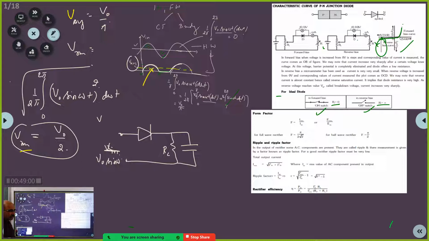If I connect a capacitor directly to Vin, what will be the charge stored in the capacitor? It will be 0, because whatever charge enters the capacitor during the positive cycle will be removed during the negative cycle. Got it?